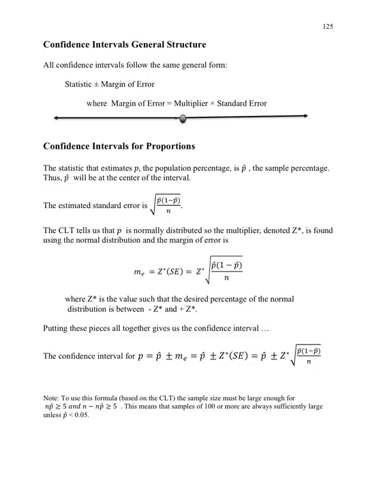So now I'm back on page 125, and all confidence intervals follow the same general form. You have your statistic plus and minus your margin of error, where the margin of error equals some multiplier times the standard error. So you start with your statistic, and that is at the center of the interval.